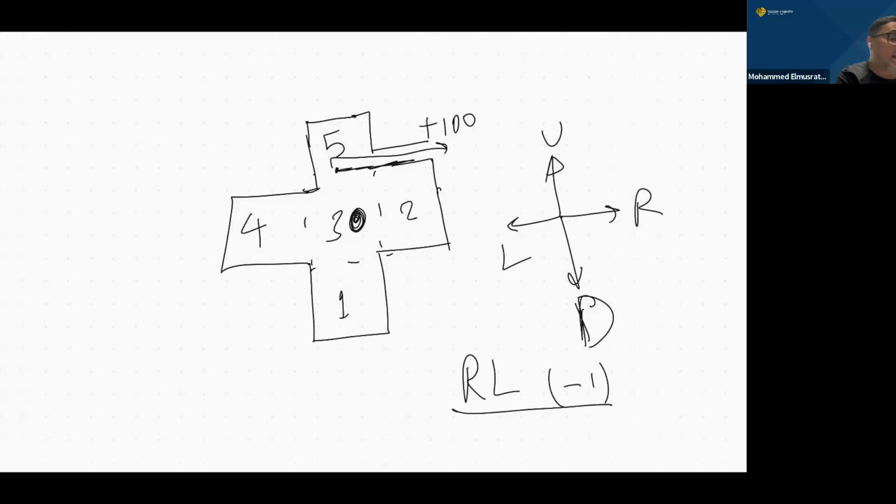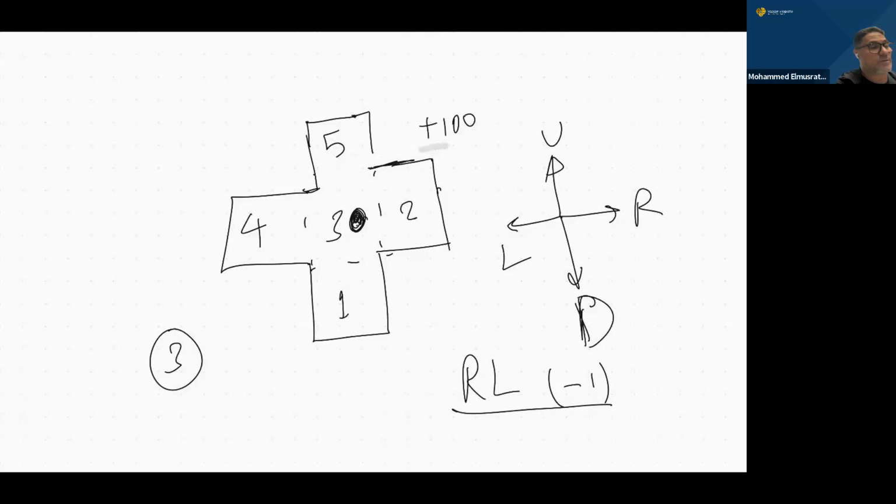Okay, so if we are working with observable states, it means that the reinforcement learning, or the intelligent agent, now knows the state where it is. So now it is in state 3, as you can see.